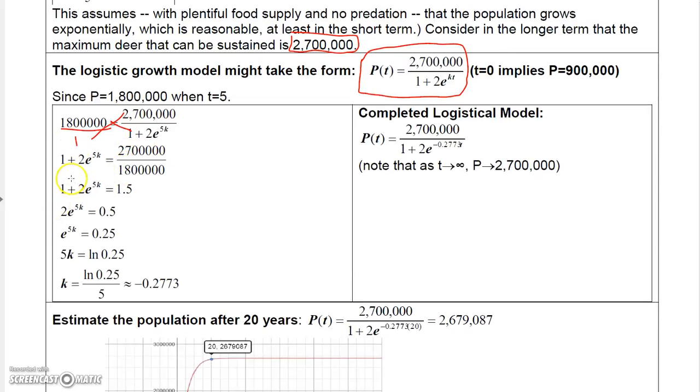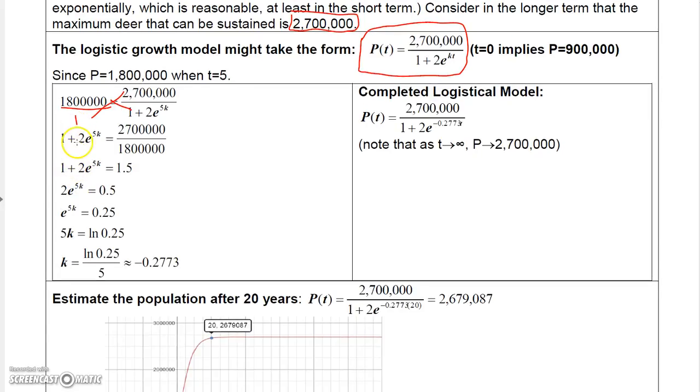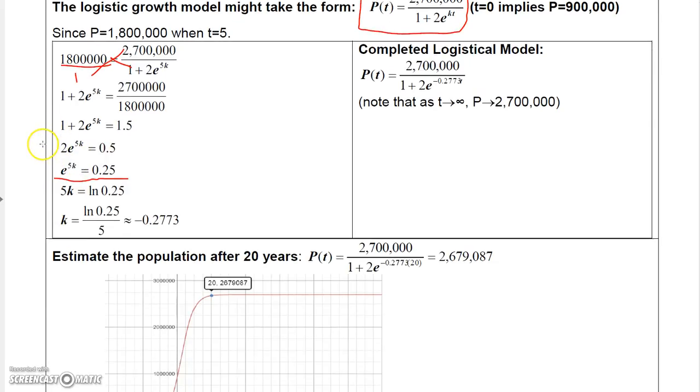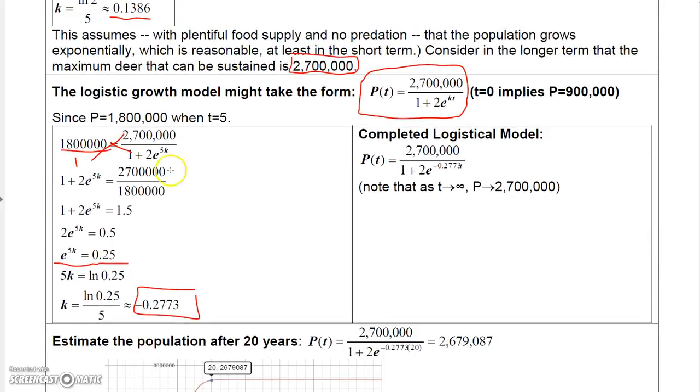So you might put the steps in if you need to. Then that's actually 1.5. And then you can subtract 1, divide by 2, and you get e to the 5k is 0.25. Apply your logs, and then divide by 5 to get negative 0.02773. Okay? And so that is now the completed logistic growth model.